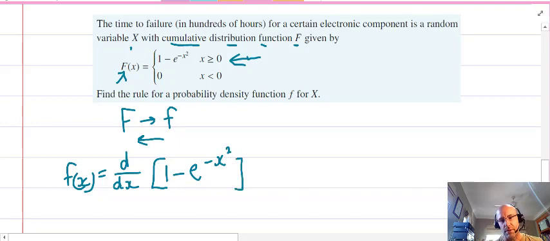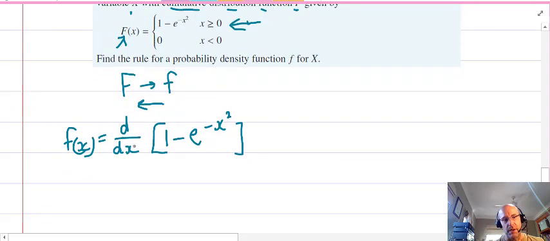Okay, now we've done things like that before. I just need to take care. Taking the derivative of each term, the 1 becomes 0. Now, chain rule on the second term there. If you don't know what the chain rule is, you're definitely not watching the right video. So we have the derivative of negative x squared with regards to x, so that's negative 2x times e to the u.